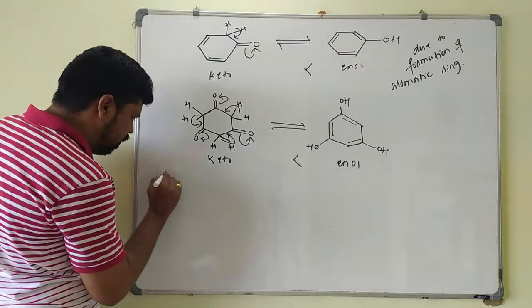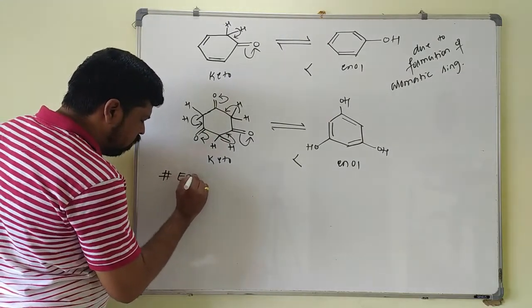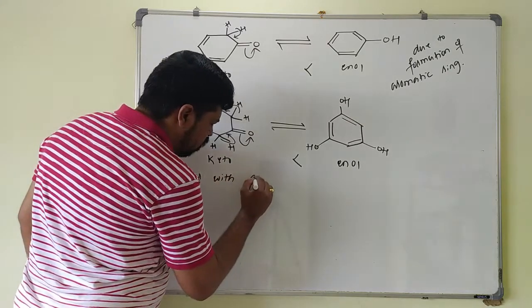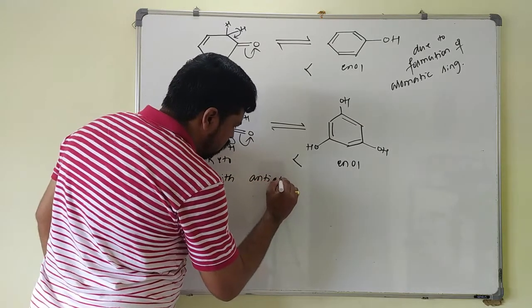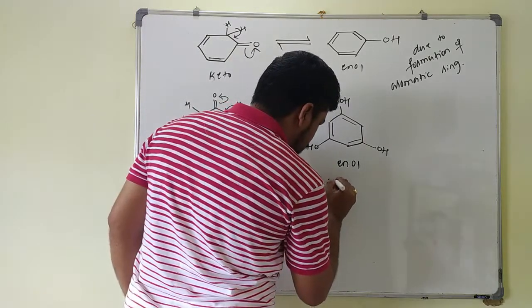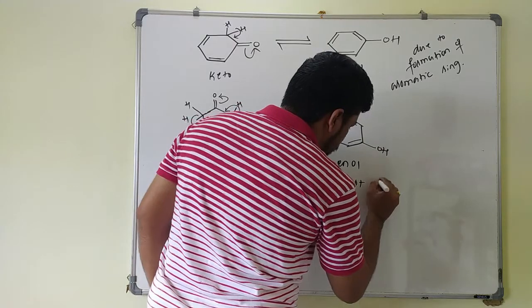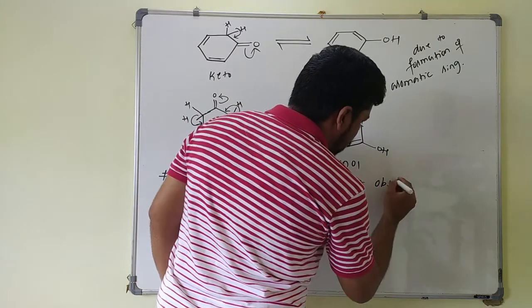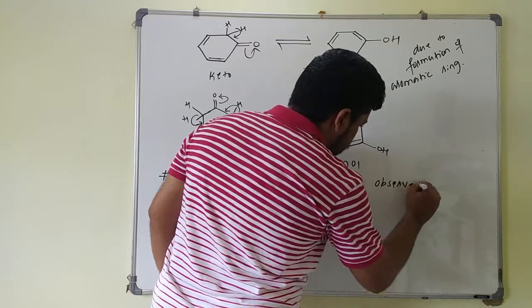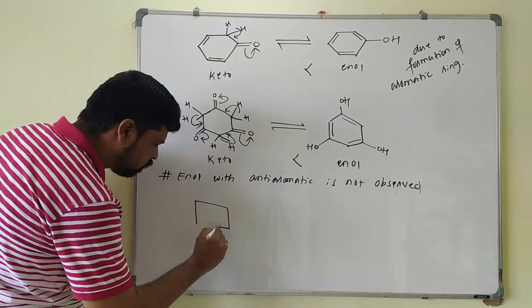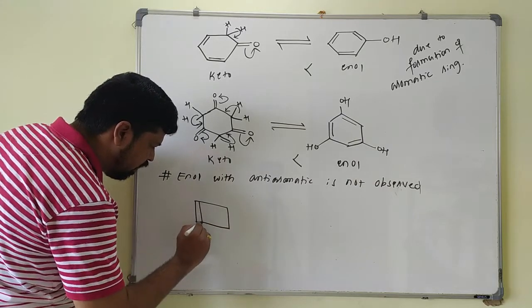One important point we will write here: enol with anti-aromatic is not observed. Because you see here, for example, if I write like this, here it will have a double bond.